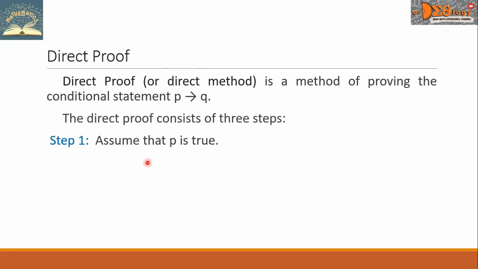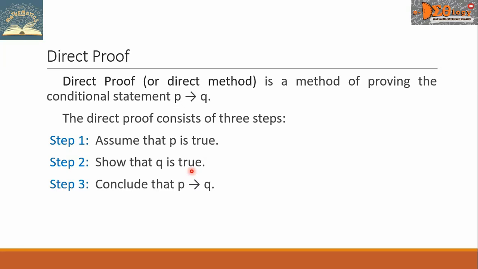Step 1, we assume that P, or the hypothesis, is true. Step 2, we will show that Q, or the conclusion, is true. Then step 3, we will conclude that P implies Q.